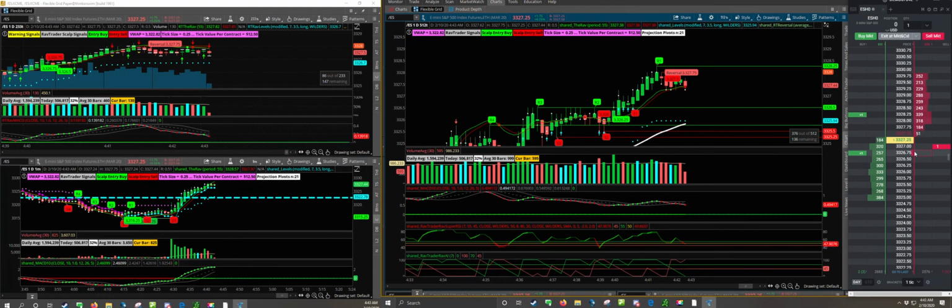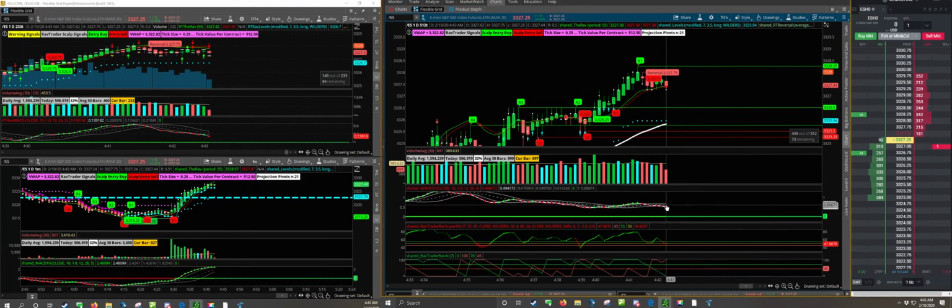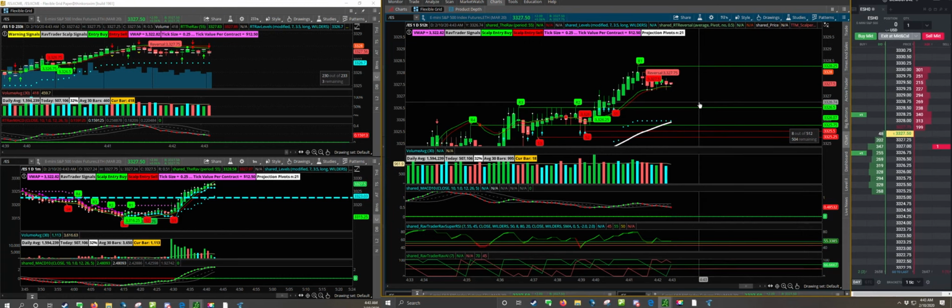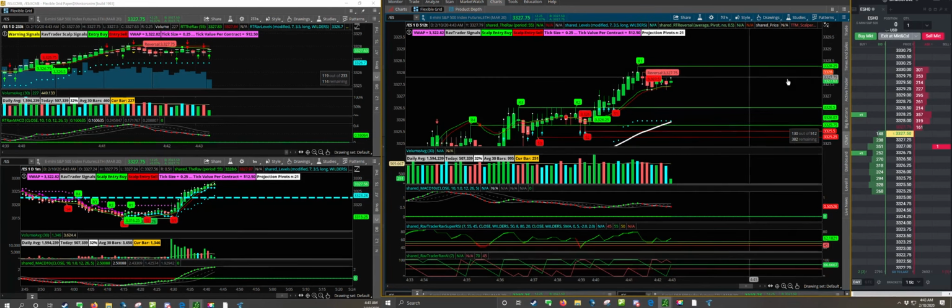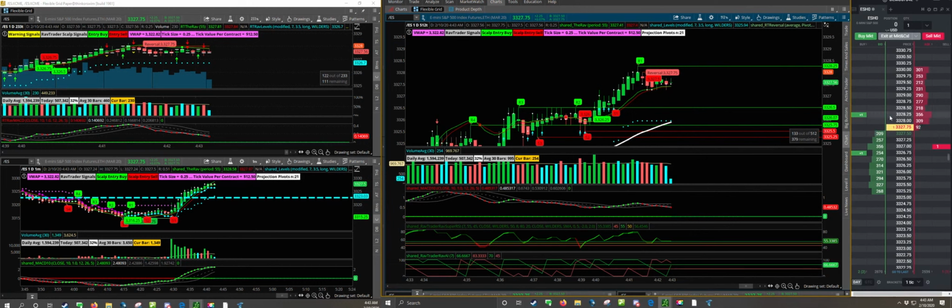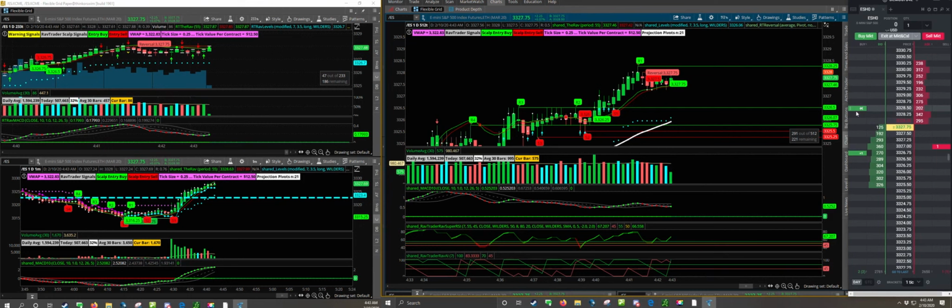Looks like our MACD is headed towards the zero. Let's see if you can break this support right here at 27.25. Take that reversal.